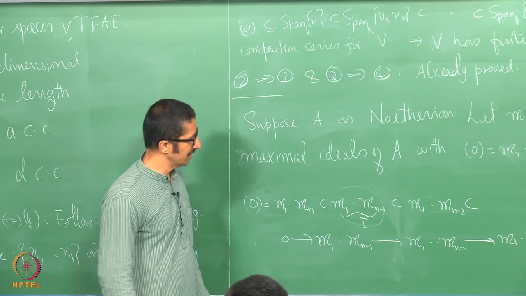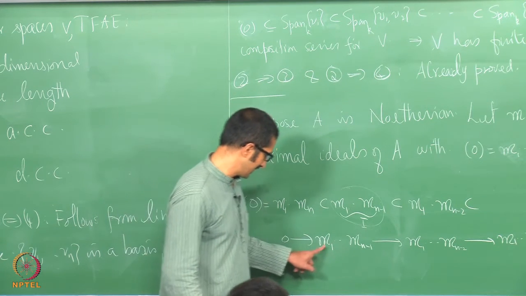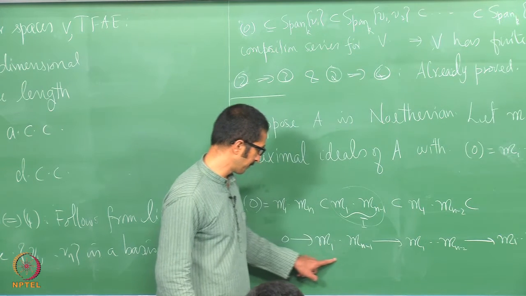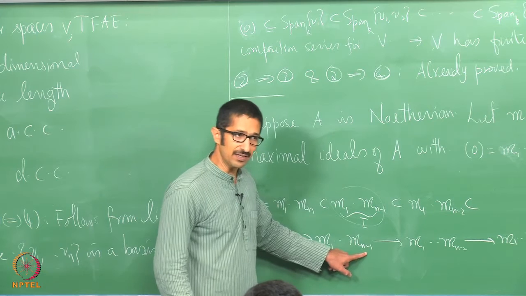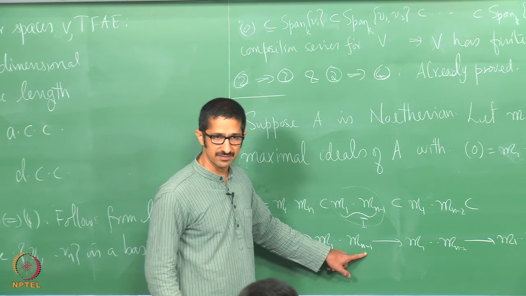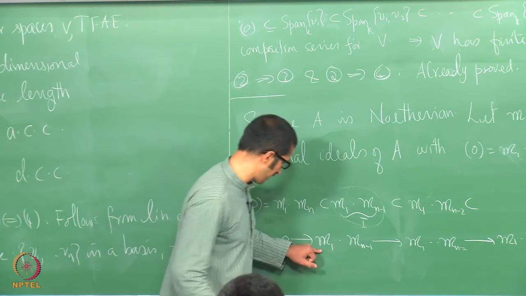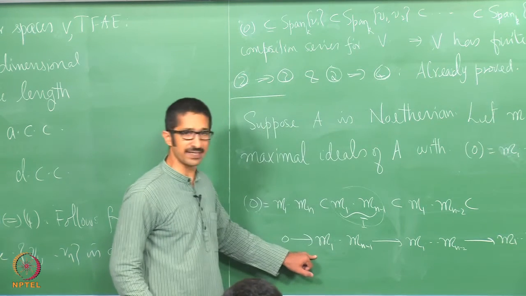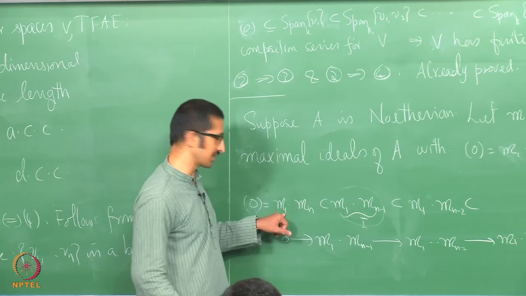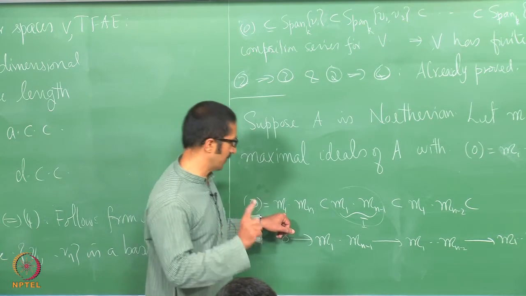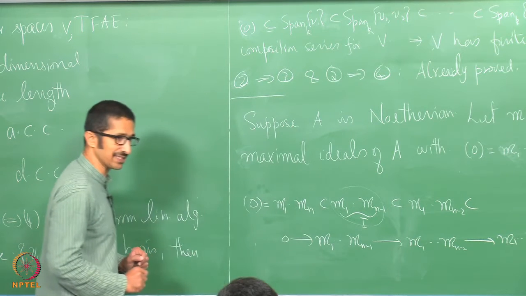This we have seen is a module of finite length, because this modulo this is a finite dimensional vector space. So here, why is it a finite dimensional vector space?